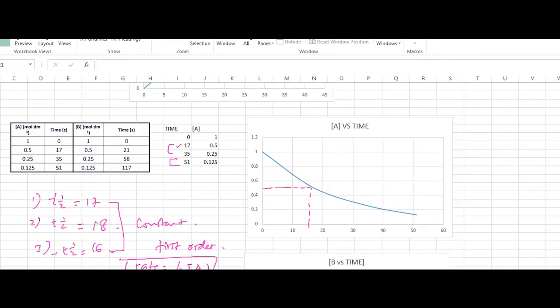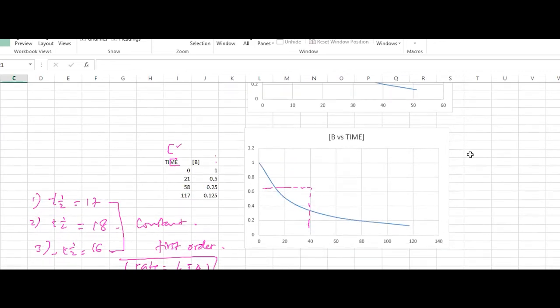How about B? Concentration of B against time. With the same method, 1 falls to half, so the first T half is 21 minutes. Then it falls again, so the second is 58 minus 21, which is 37.